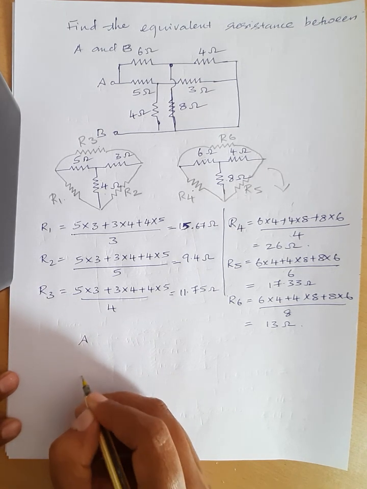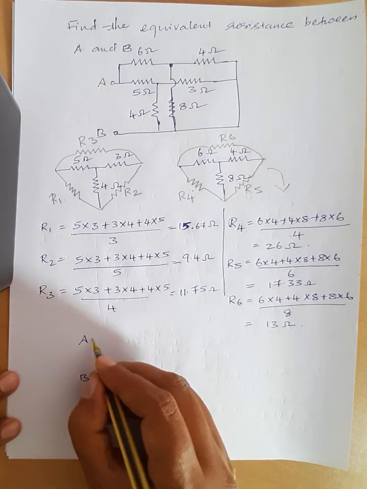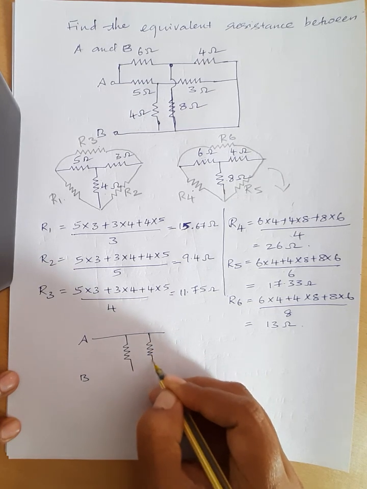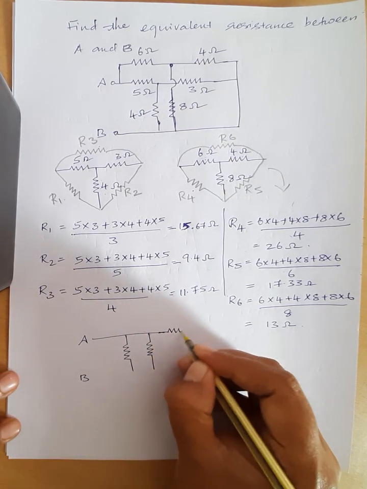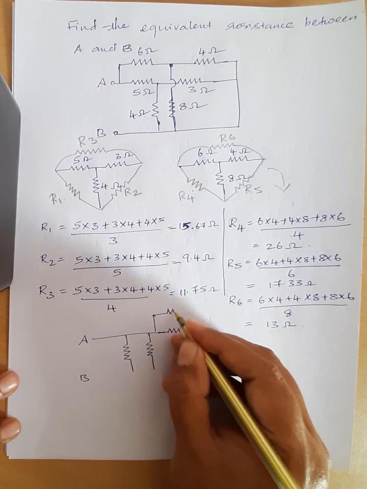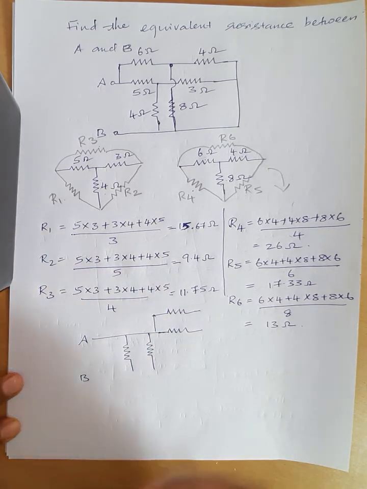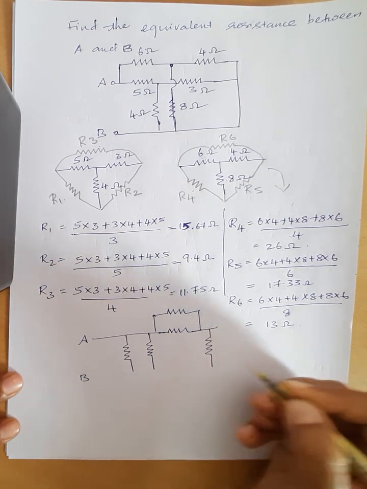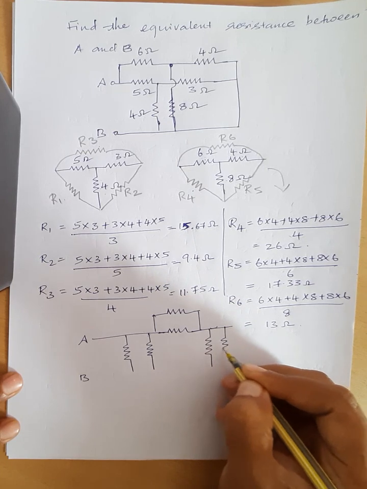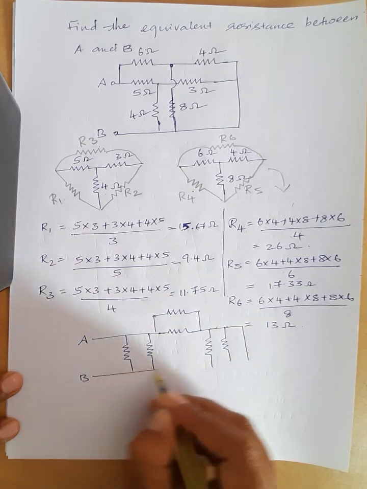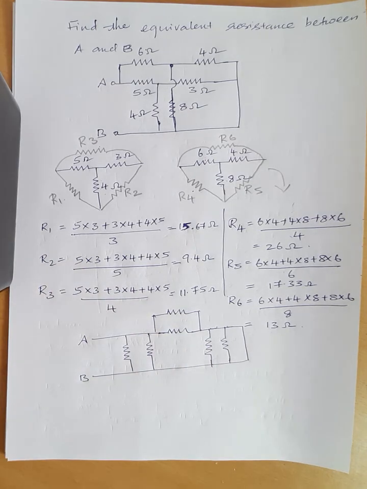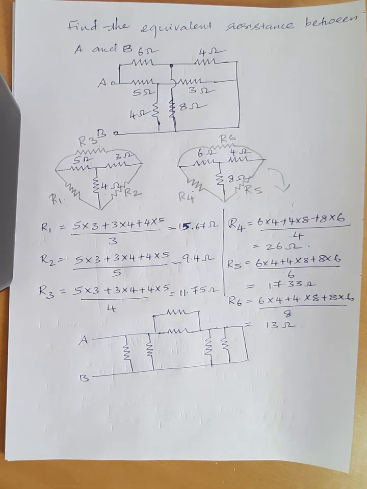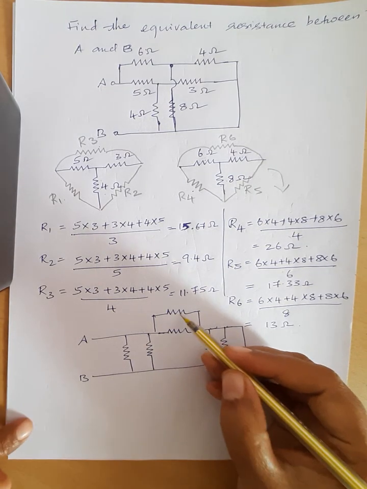Now across the terminals A and B, the circuit will be like this. This is R3 and R6.